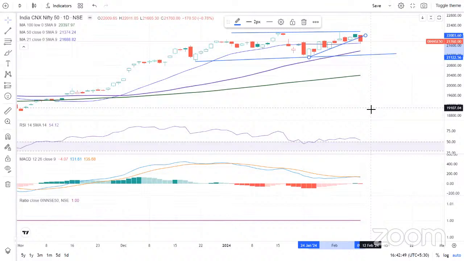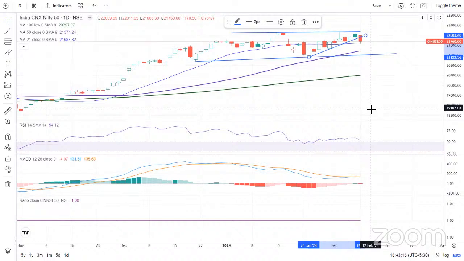So 21,000 is once again the roughly strong ballpark support level on the downside, plus minus 100 points, no doubt, maximum 200 points. Most probably, once again, it would be ready to retest on the downside. And on the upside, unless and until it crosses the level of 21,200, it will remain traded sideways only.